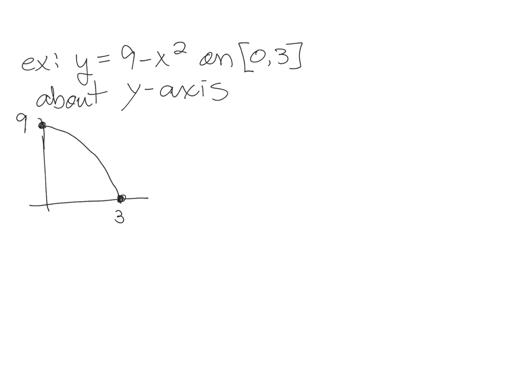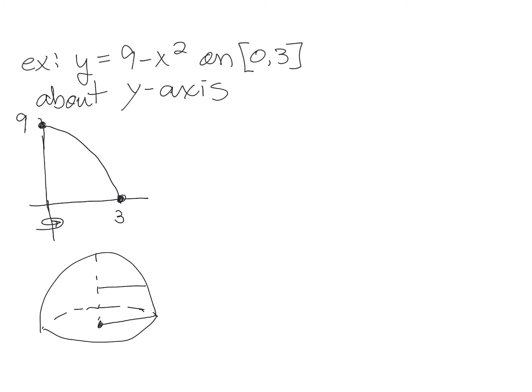So you see when we rotate this curve about the y-axis here, we're going to get this kind of a dome looking thing where the radius is just the x value, right?